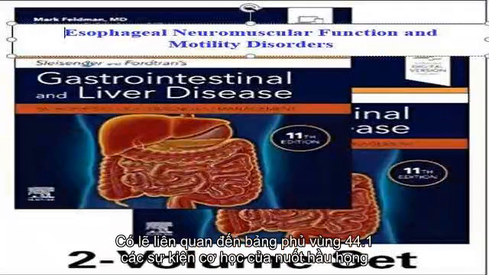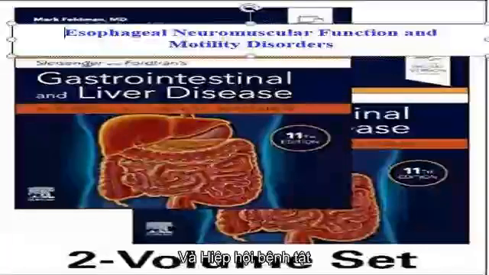Table 44.1. Mechanical events of the oropharyngeal swallow, evidence of dysfunction, and disease association.